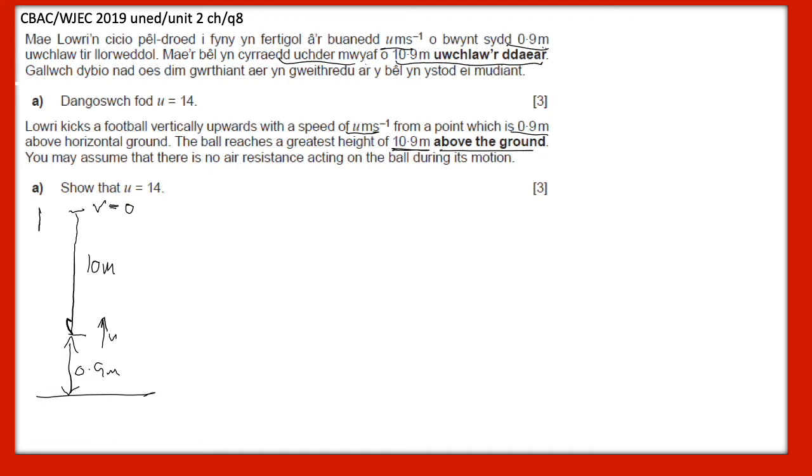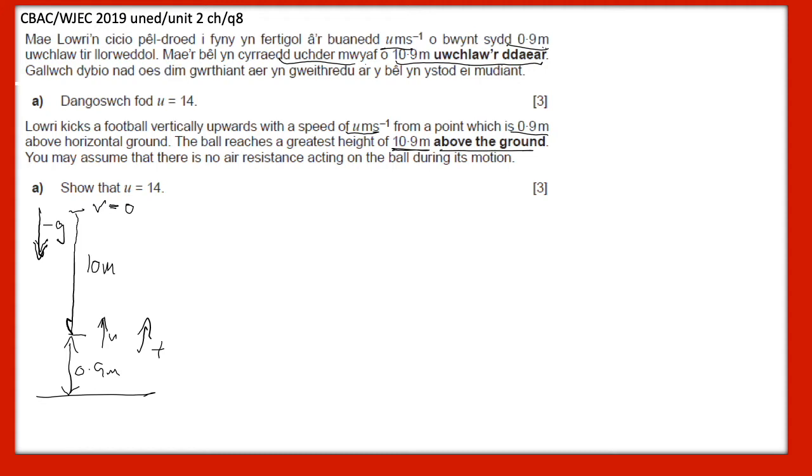And the other thing you need to do is you need to show that gravity, and I'm going to choose to put gravity acting as a negative force because my initial sense is upwards. Some people like to put a plus in there, and of course you can have the whole thing going backwards, but it doesn't really make any difference. And I'm going to use a constant acceleration equation.